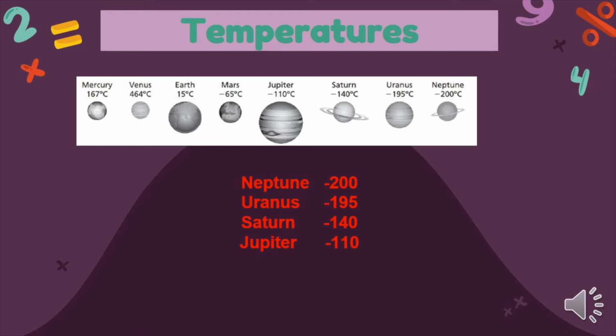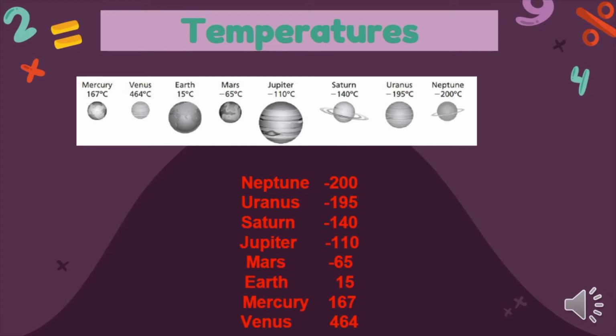Jupiter is negative 110. Mars is negative 65. Earth is 15. Now we're getting into the positive numbers. Mercury is 167. And Venus is 464.